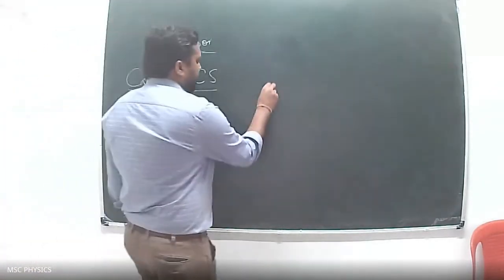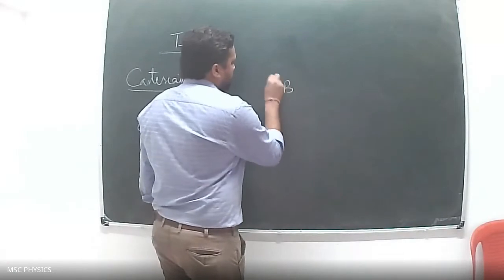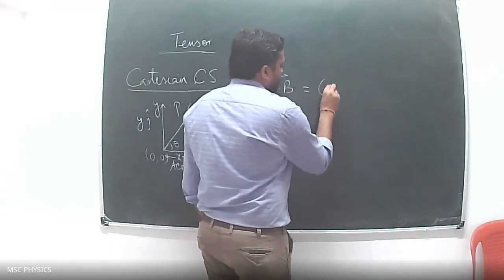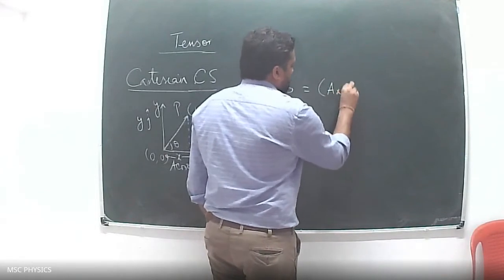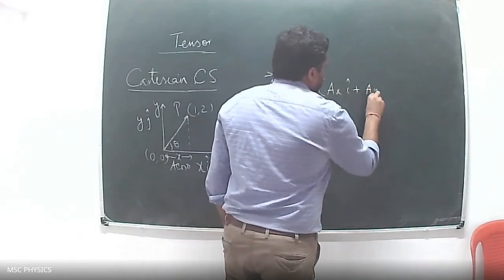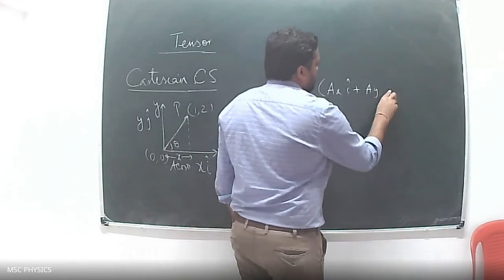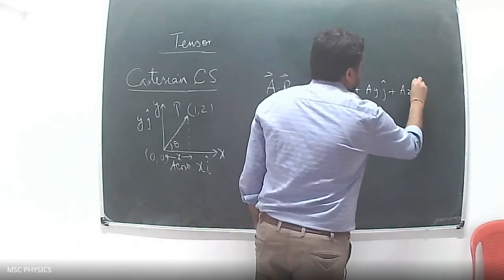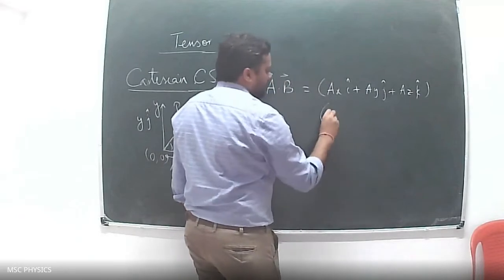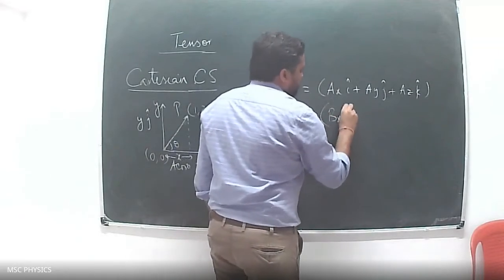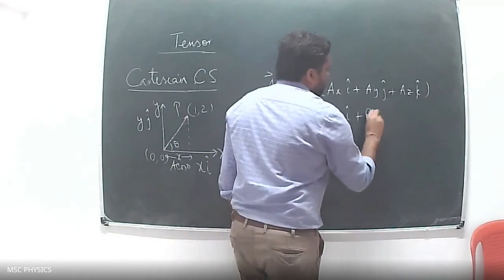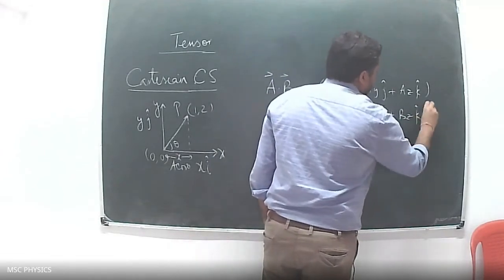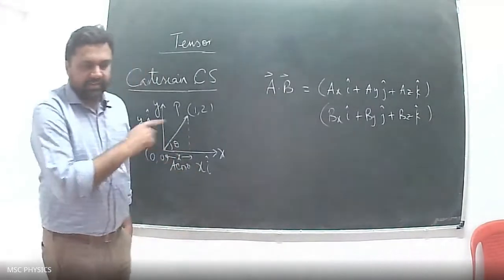So, A dot B. This can be written as vector A, AX i plus AY j, I am used to this Y and J, dot BX i plus BY j plus BZ k. So these are the two vectors in their component form.